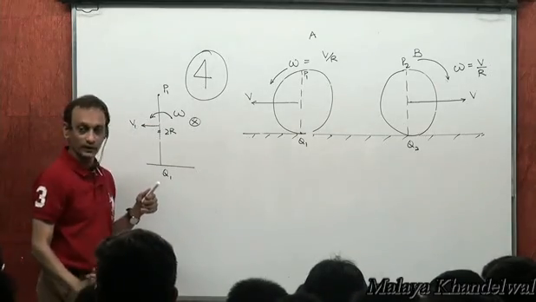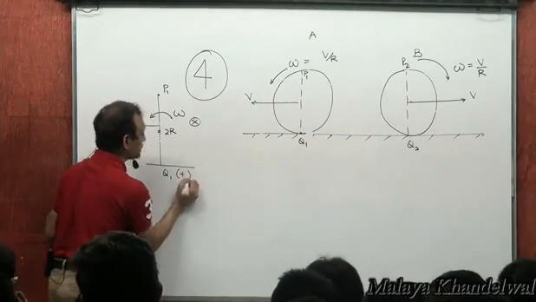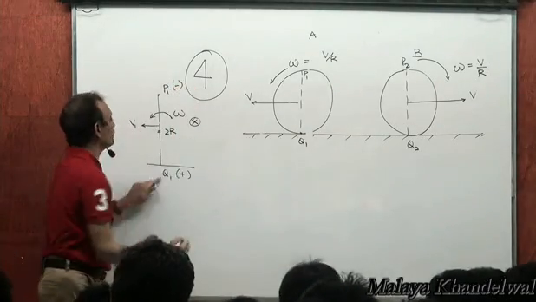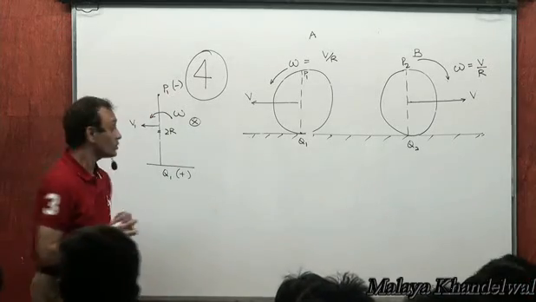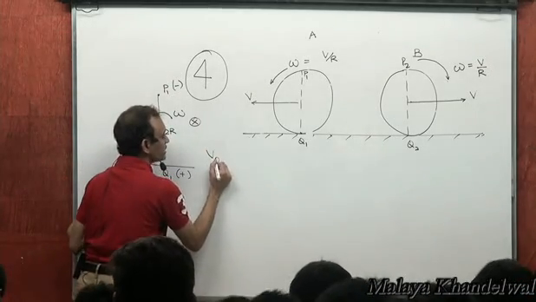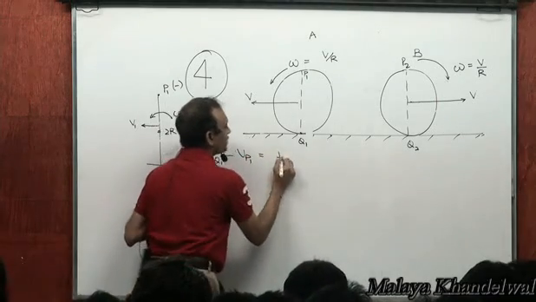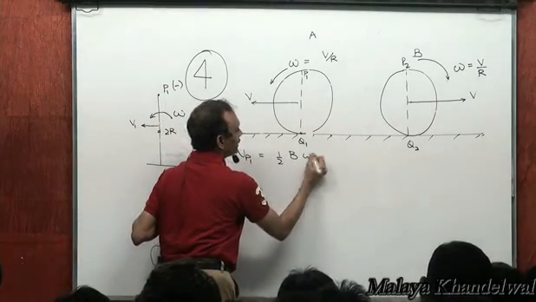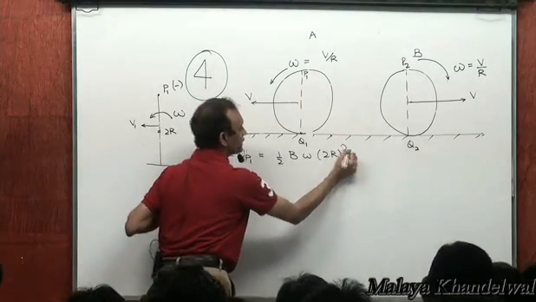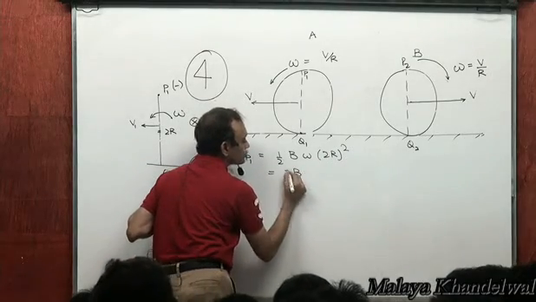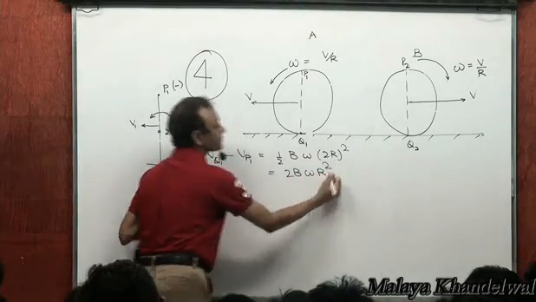V cross B, right? So Q1 would be at a higher potential compared to P1. So then, can I say that potential at Q1 minus potential at P1 must be half B omega into 2r whole squared, which is 2B omega r squared?